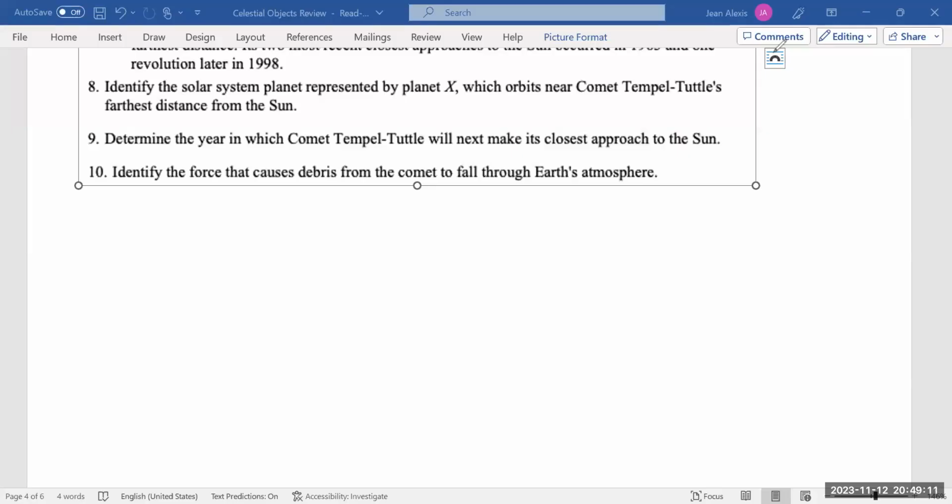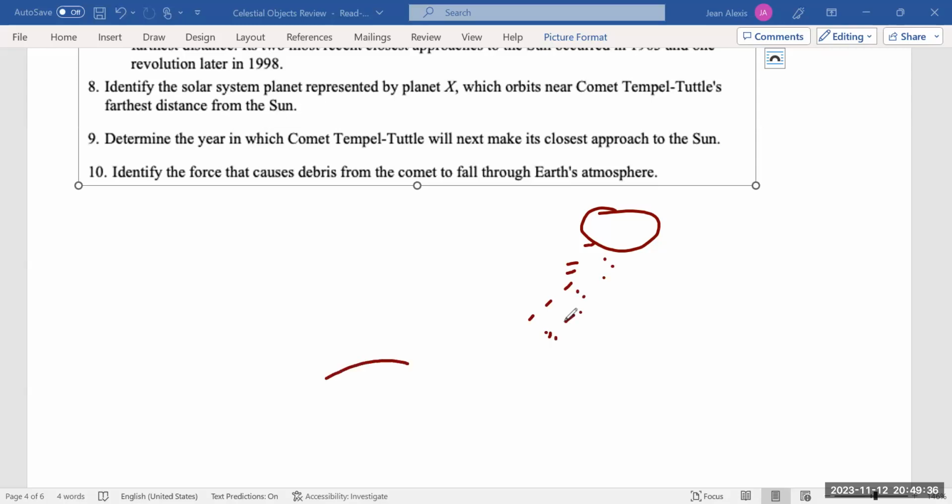All right, number 10. It says, identify the force that causes debris from the comet to fall through Earth's atmosphere, right? So we know that as a comet is passing by, there are some pieces from that comet that can break off, right?